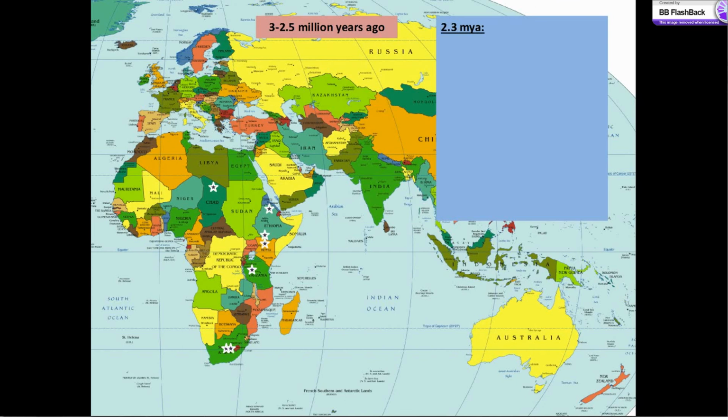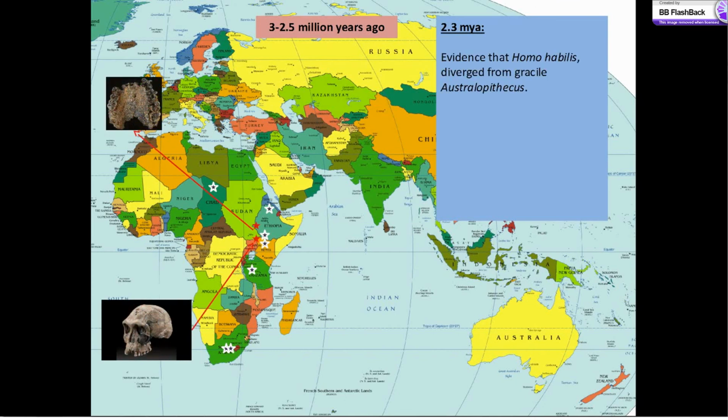So at 2.3 million years, we start to get evidence that Homo habilis, that's these red stars, have diverged from the gracile Australopithecines. And we're looking here in Olduvai. At 2.3 million years, the robusts are still numerous, and they have actually outlived their gracile ancestors.